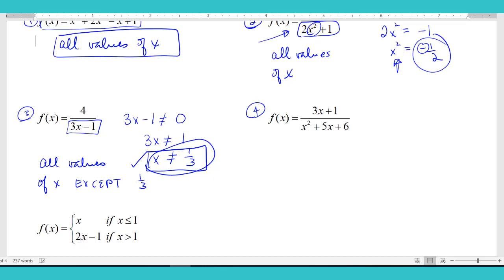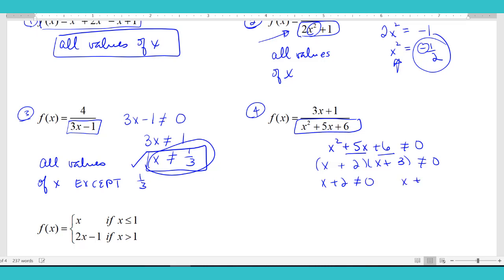Okay, this example, again, we have a rational function, so I'm going to take that denominator and set it not equal to 0. But this is a quadratic. This is why we practiced this in earlier lessons. I'm going to factor this. Fairly simple. 2 and 3 multiply to get positive 6, add to get 5. Set each factor not equal to 0.